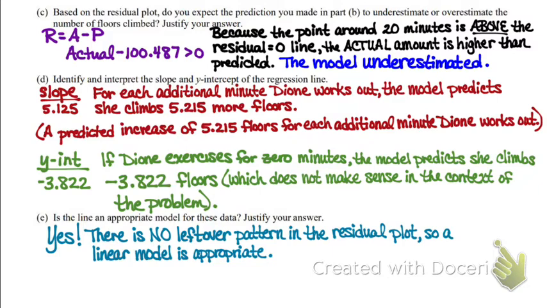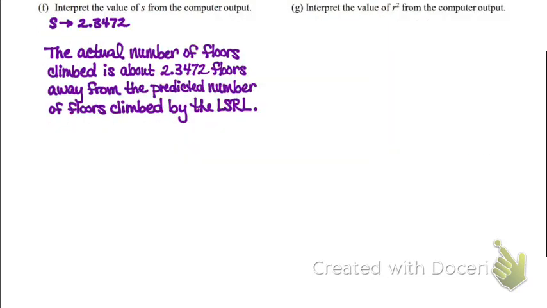So that 2.3472 is telling me that the actual number of floors that Dion climbs is approximately, typically, 2.3472 floors away from the predicted number of floors. And that prediction is being made by our least squares regression line. That's what that LSRL is, least squares regression line.